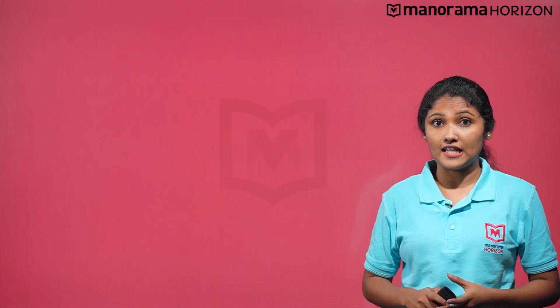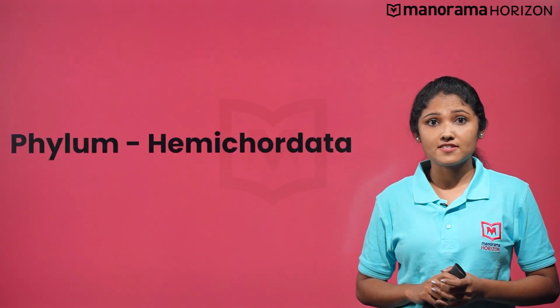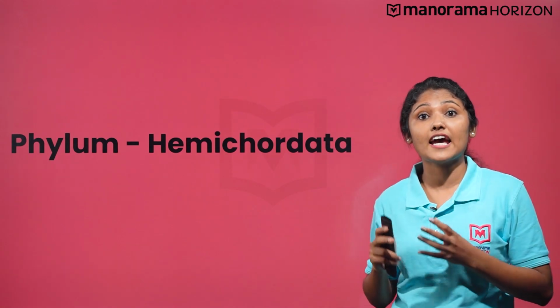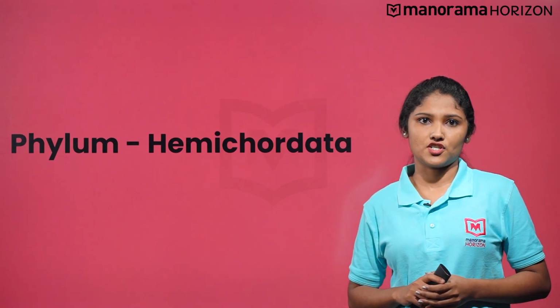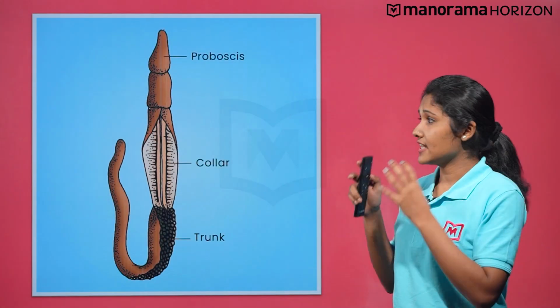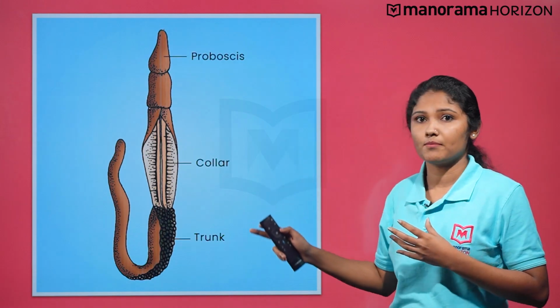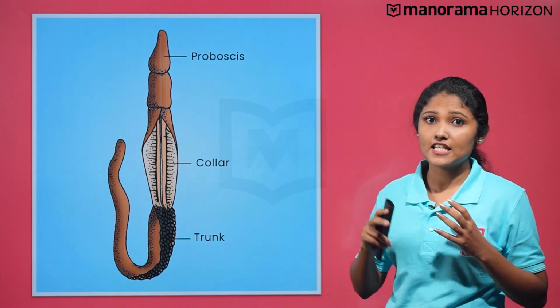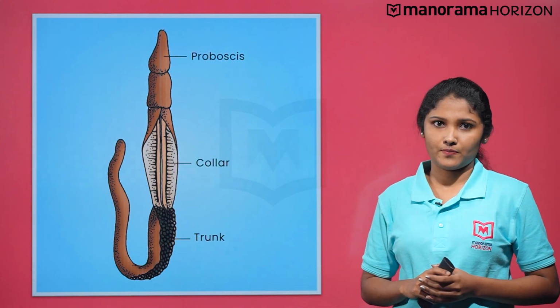Let us check now the features of the phylum Hemichordata. This phylum consists of worm-like marine organisms with an organ system level of organization. That is, as you can see on this screen, most of them possess a cylindrical body with an anterior proboscis, collar and a long trunk.